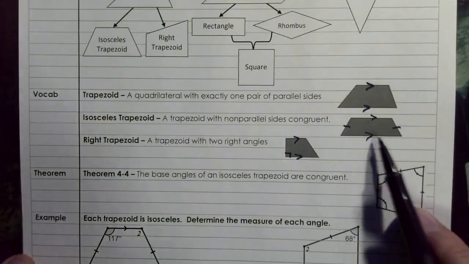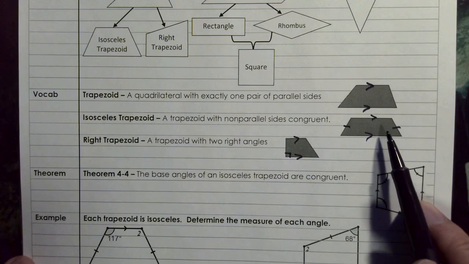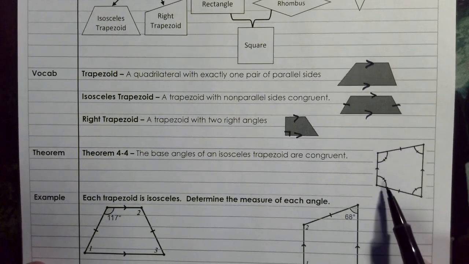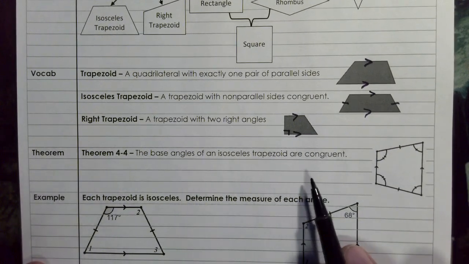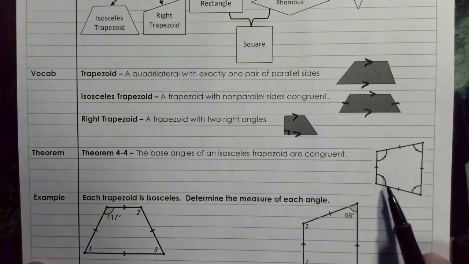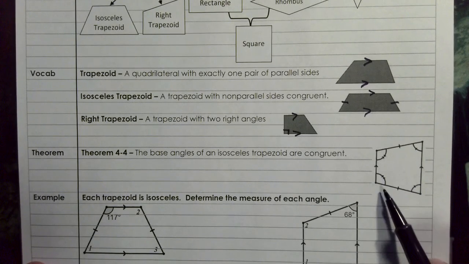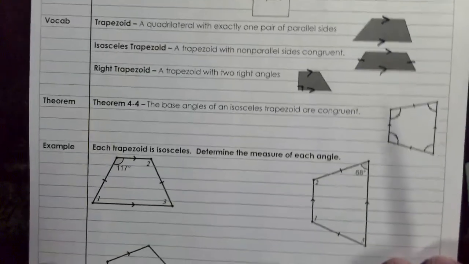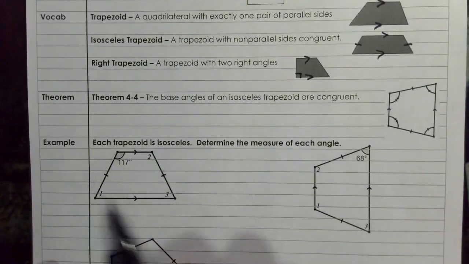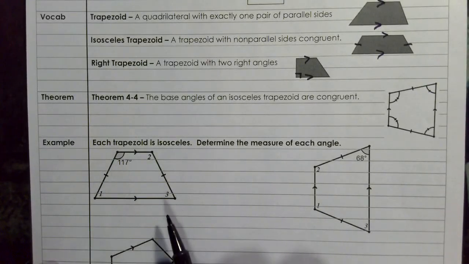Now, the thing that we're really interested in is this guy, the isosceles trapezoid, because it gets another cool property based on this theorem. The base angles of an isosceles trapezoid are congruent. So these two angles are going to be congruent, as well as these two angles, which lets us figure out a lot of stuff inside of that trapezoid.